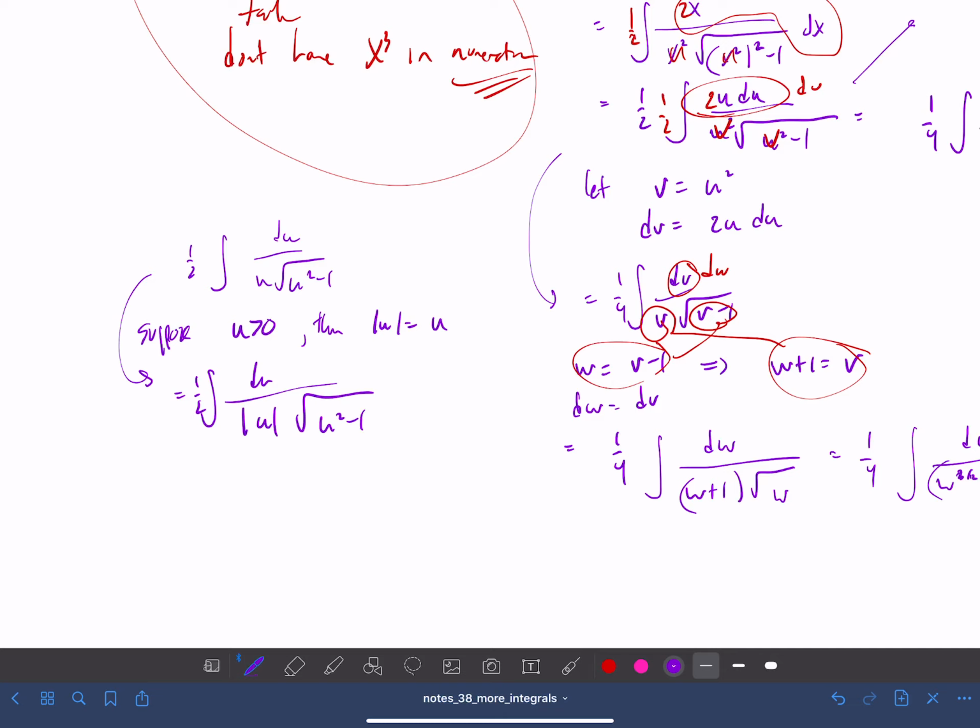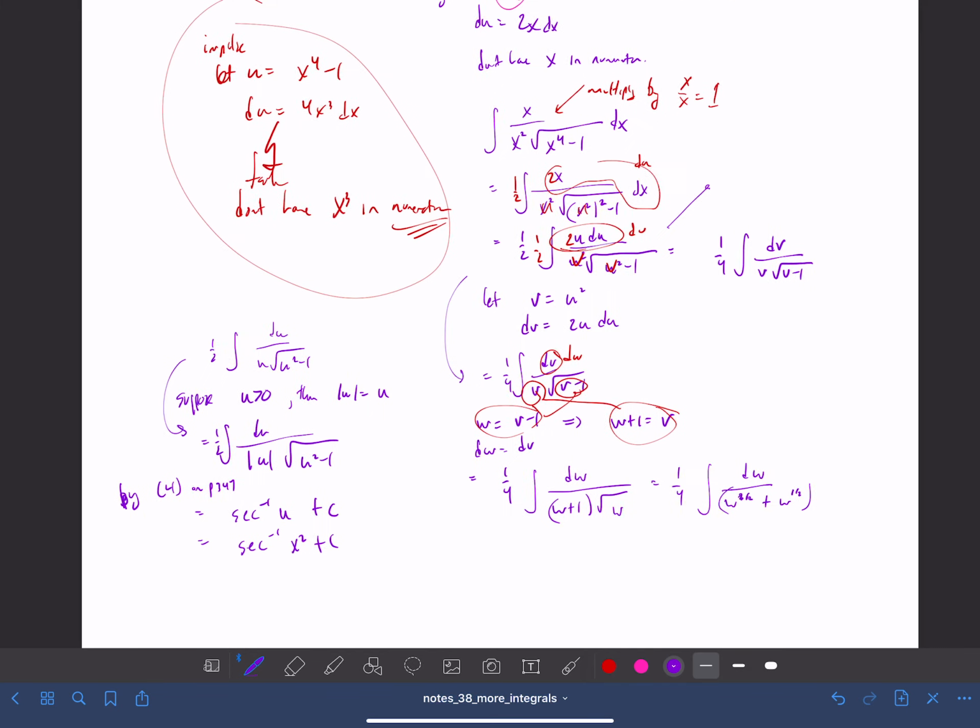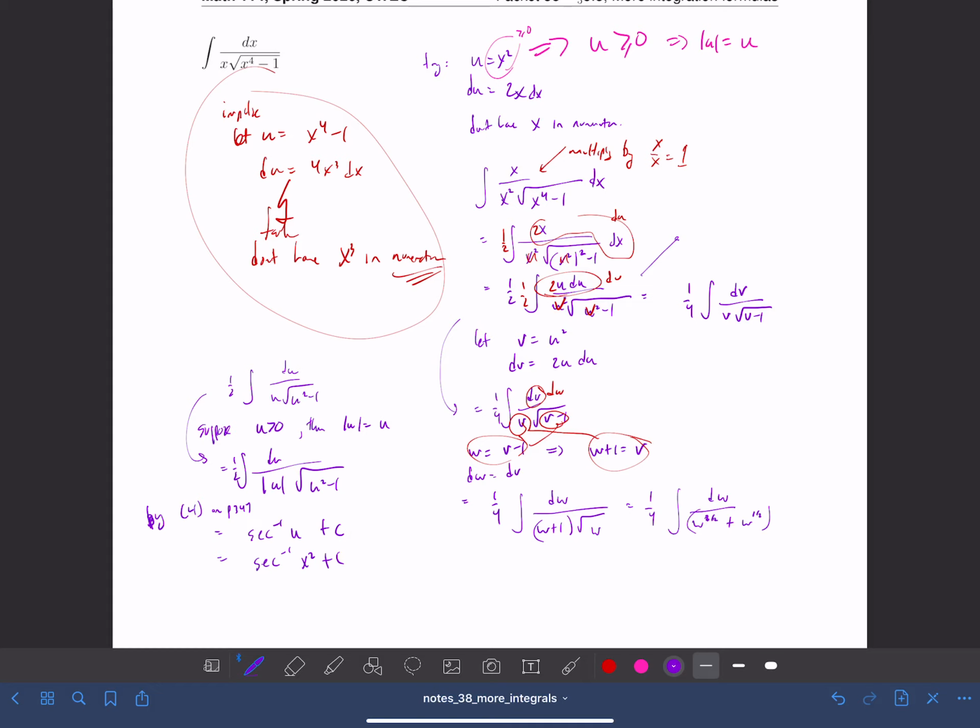And by formula 4 on page 347, this is equal to secant inverse of u plus some constant c, which is equal to secant inverse of x squared plus some constant c. Oh, wow.